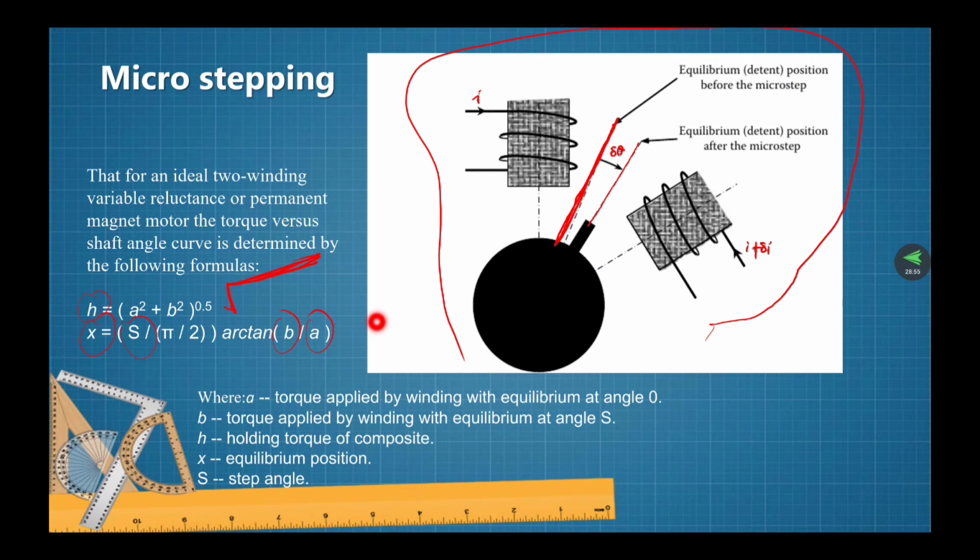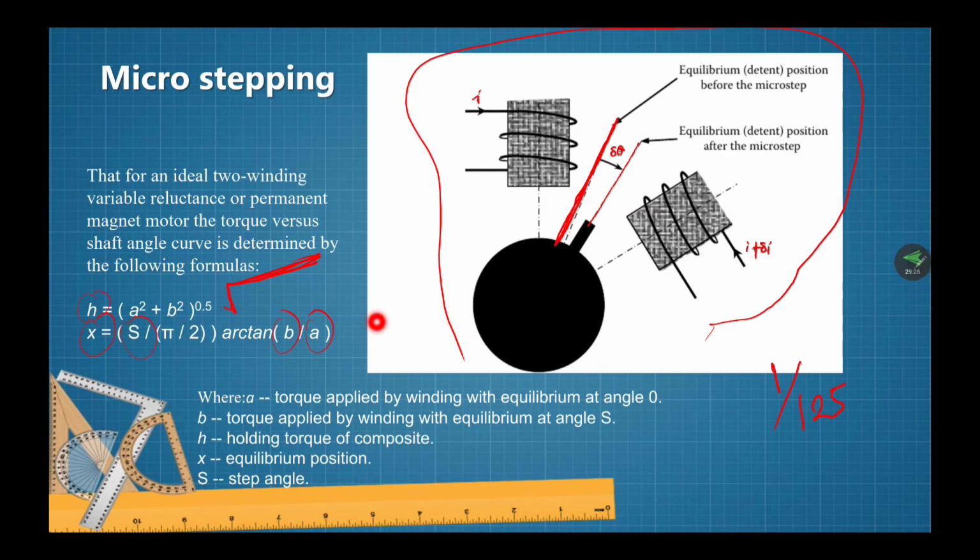As the equilibrium position depends on the position of the resultant magnetic field, it follows that a very small step angle can be achieved simply by controlling the relative magnitudes and the direction of the phase currents.